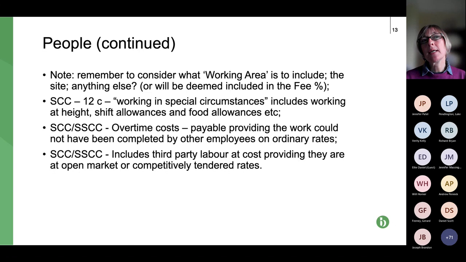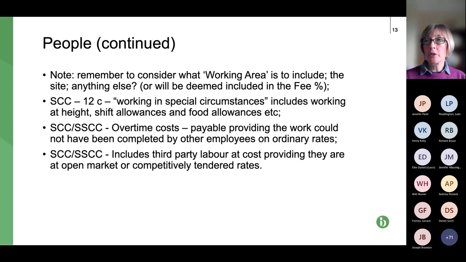Second bullet point down, the schedule of cost components. These are just some of the items that are referred to as costs you can include for the cost of employing people. So one is working in special circumstances. That might include working at height, shift allowances, food allowances, etc.